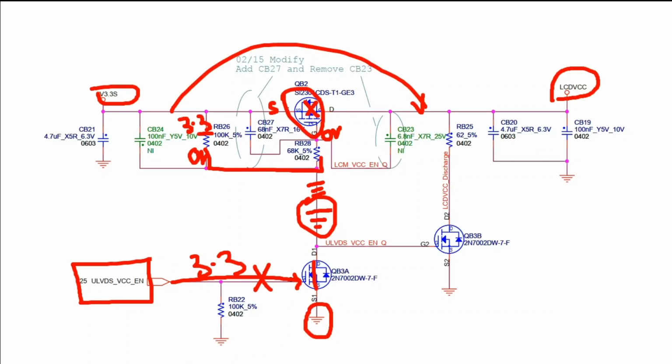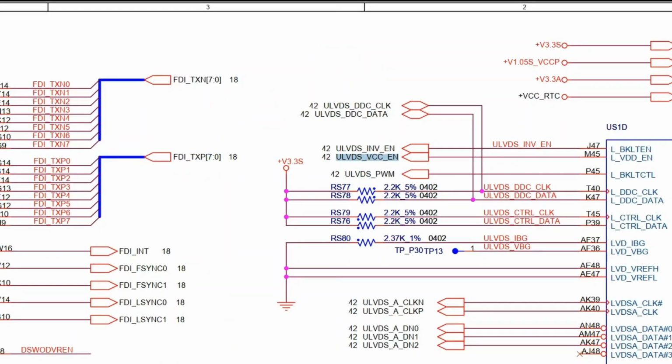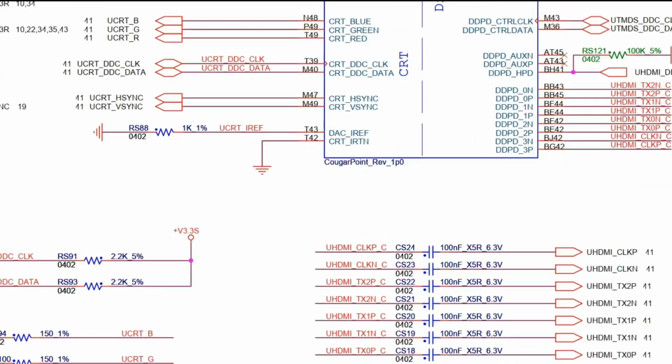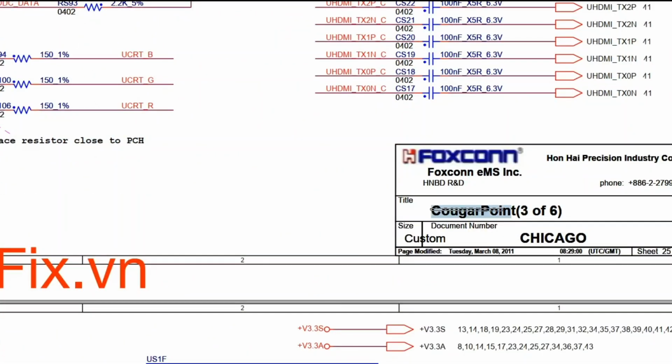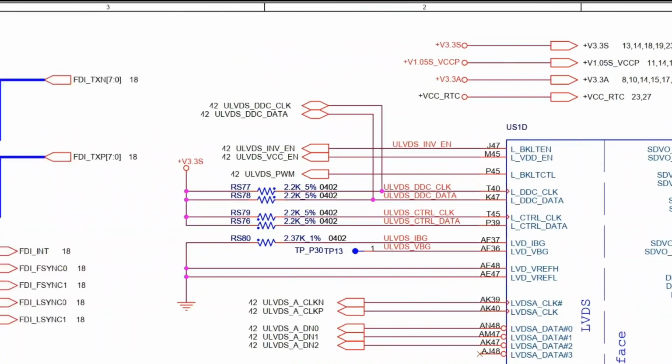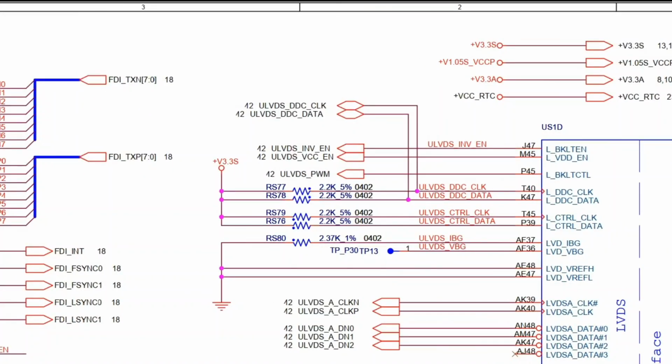So we'll just search wherever it goes. You can see, yes, it's coming from the LVDS section of the PCH. Here we have the cocoa point, which is the PCH. So we are getting low impedance or low voltage at this point.